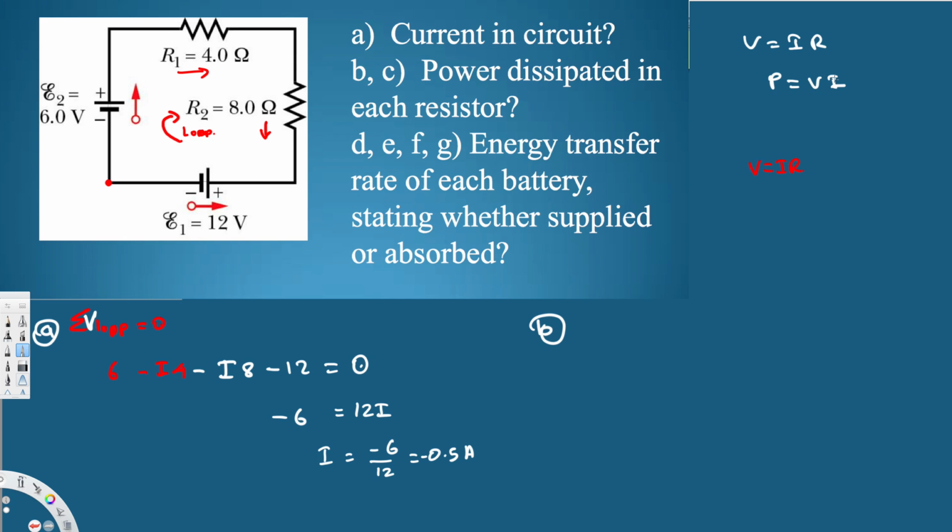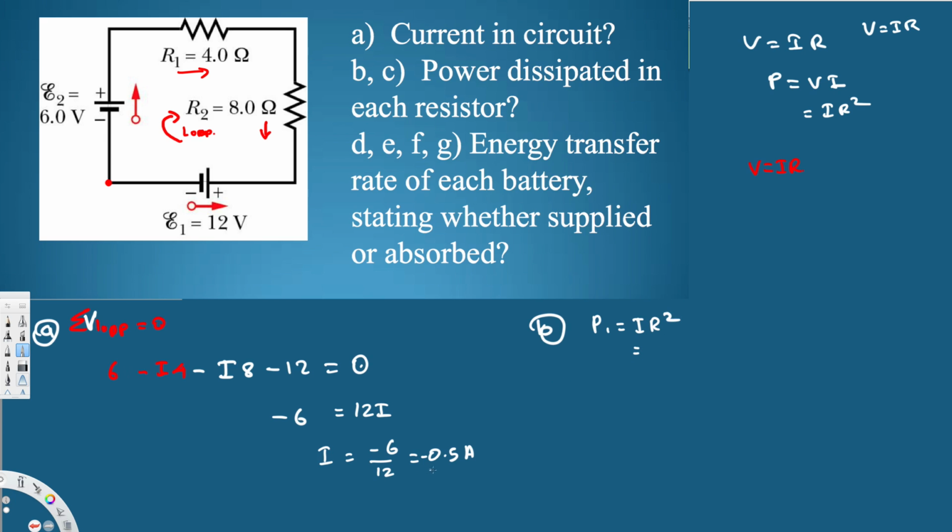Since we don't have the voltage across this resistor, we can use V equals IR, and if I replace V with IR, this is going to be I squared R. Let's plug this in for this resistor, R1. Let's say this is P1.